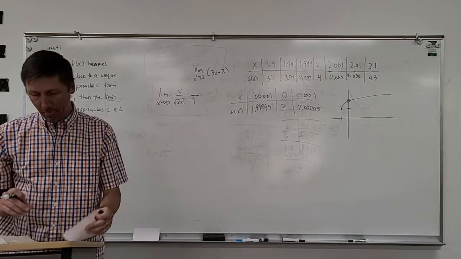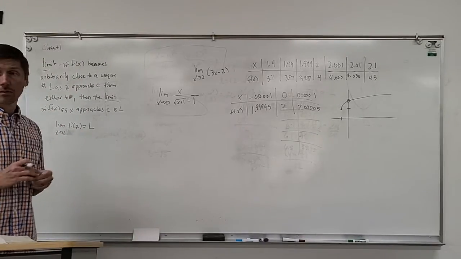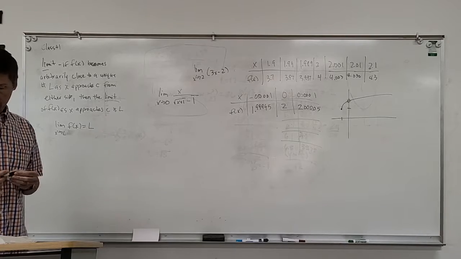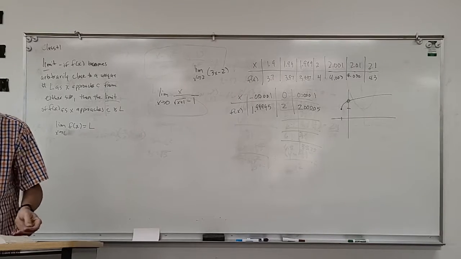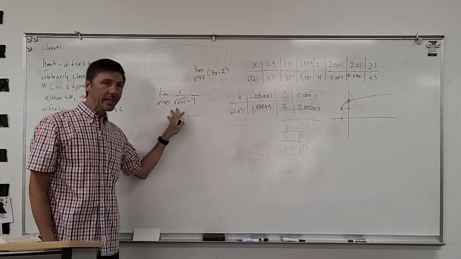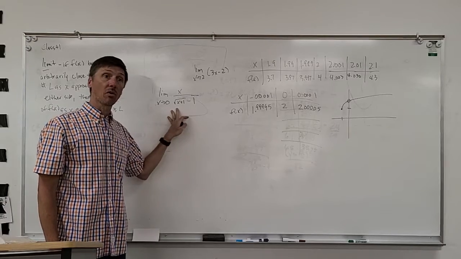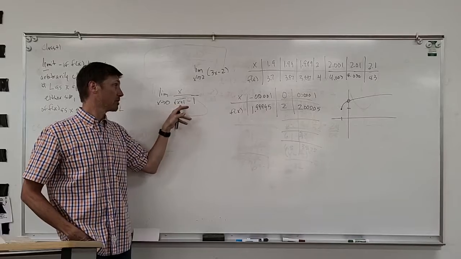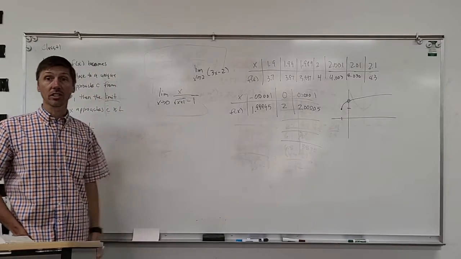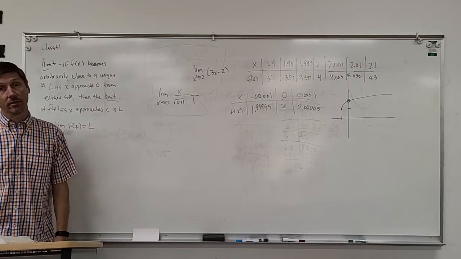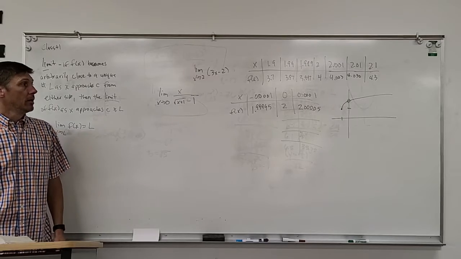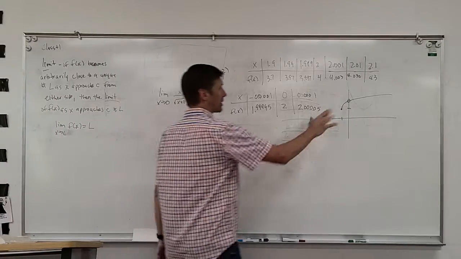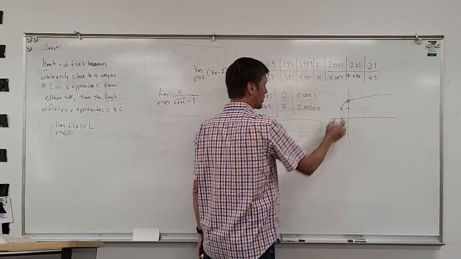Okay. Does that make sense to everybody though? I mean, I understand how to do the problem, but the problem itself is really what we were trying to get to. If I had asked you to evaluate f of x equals x over the square root of x plus 1 minus 1 at 0, you would say it's undefined. That wouldn't really tell us what's happening around here and whether it's convergent on a particular point.